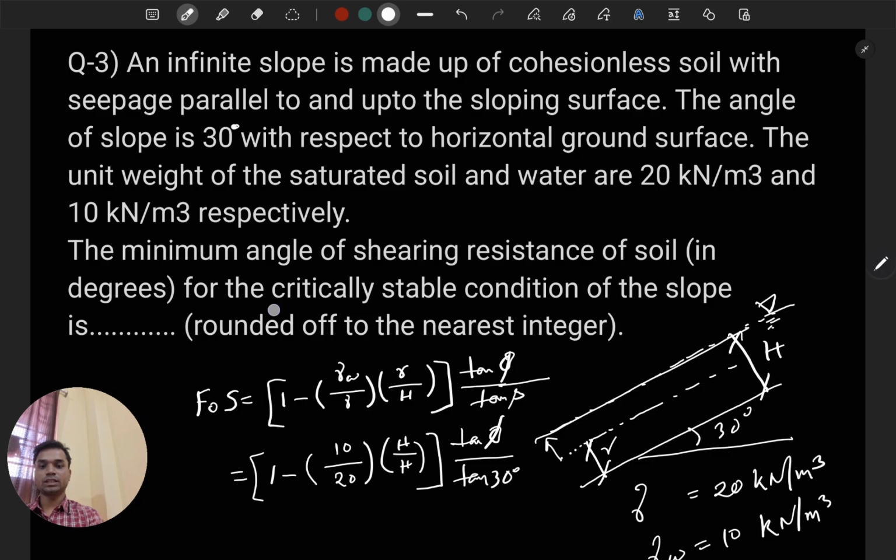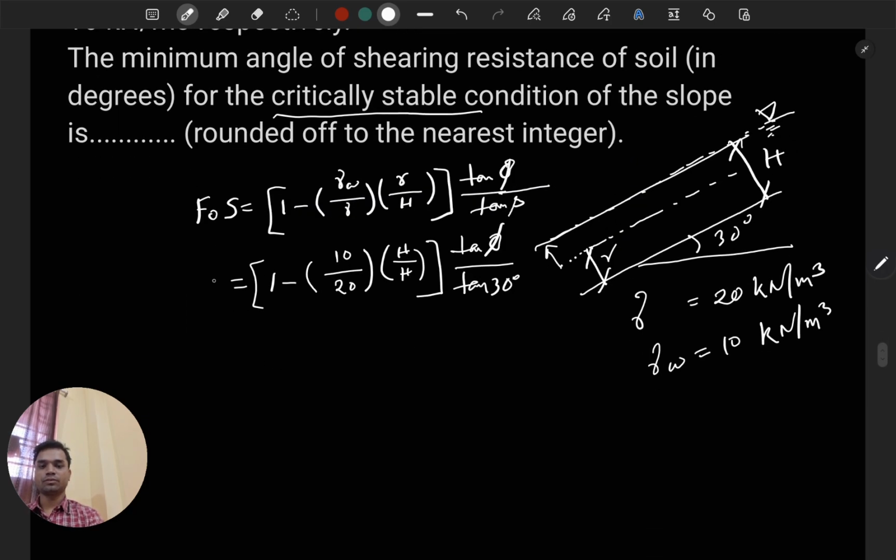For the critically stable condition, the factor of safety is equal to 1. Then 1 is equal to 1 minus half into 1, H by H is 1, and that is half, into tan phi by tan 30 degrees.